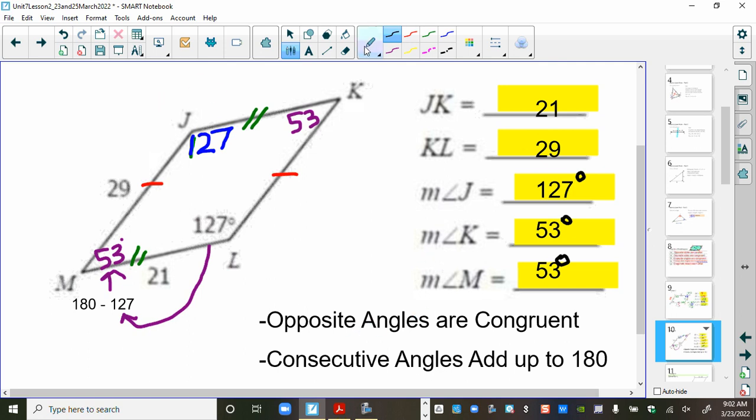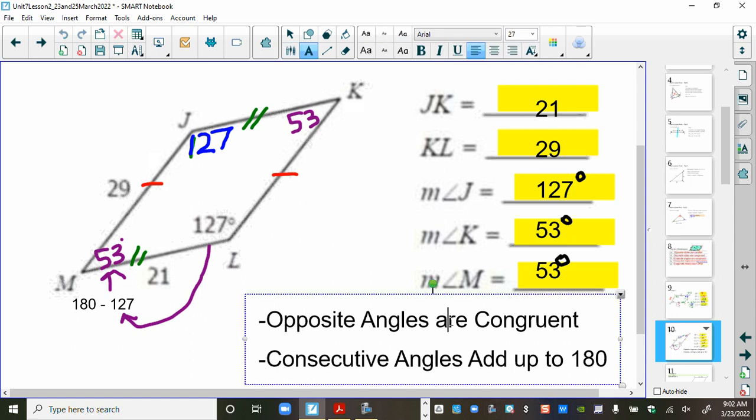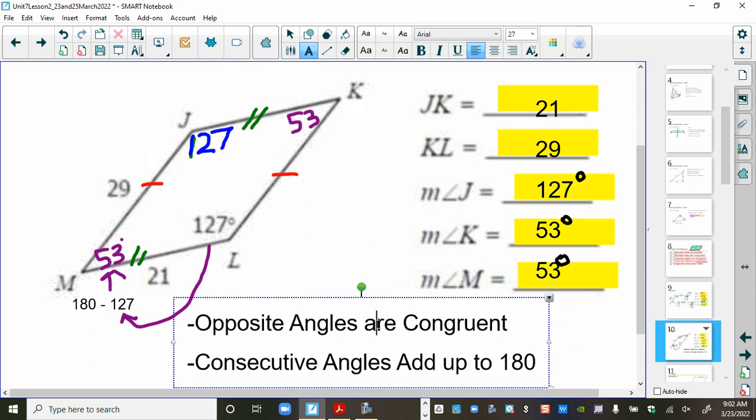Well, I should also say, besides opposite angles, what else is congruent? Begins with an S. Sides. You might want to add the word sides in because these clues are going to help us for the next couple of problems. So you don't forget, angles slash sides.